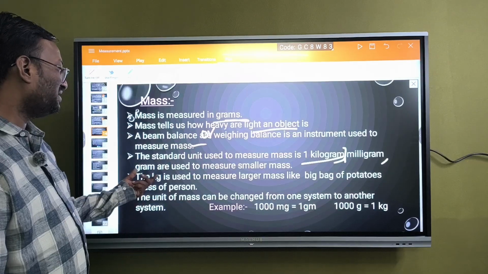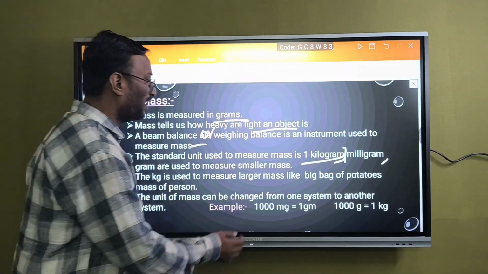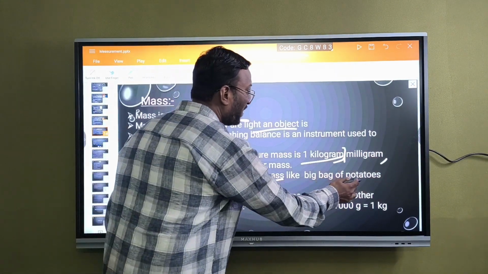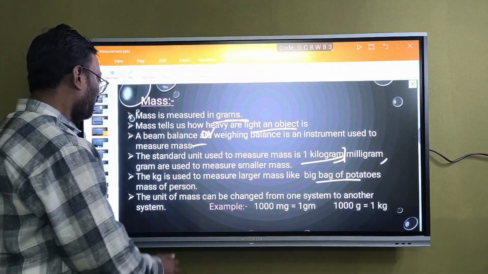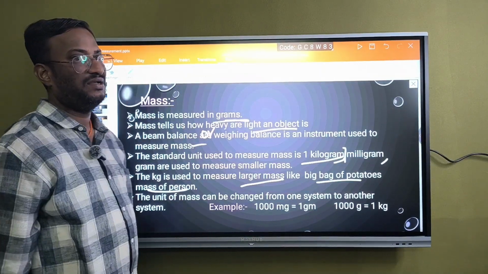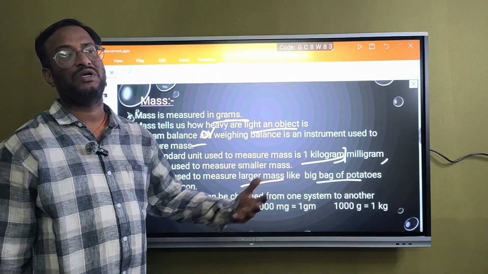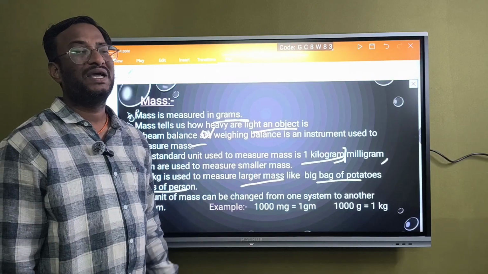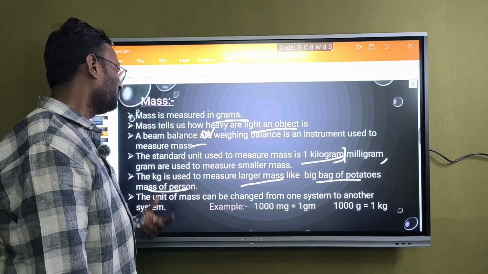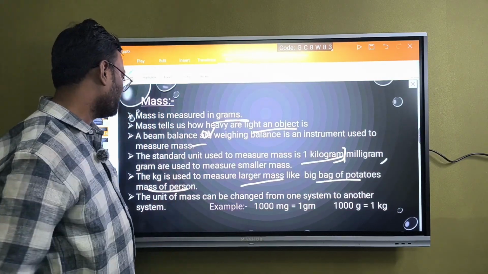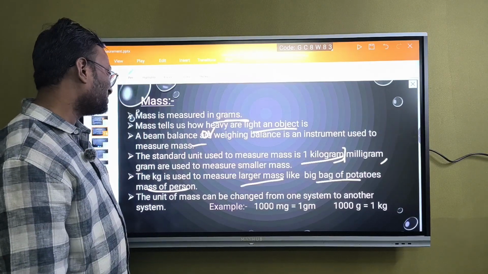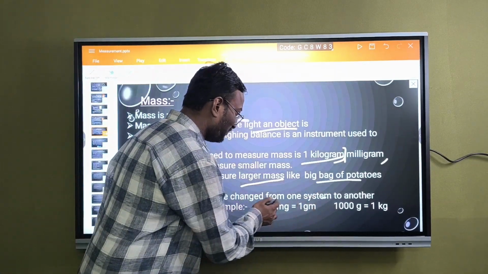The kilogram is used to measure larger masses like a big bag of potatoes, mass of a person, etc. Likewise, in order to measure huge, larger, bigger quantities, we are going to go for kilograms. The unit of mass can be changed from one system to another system.